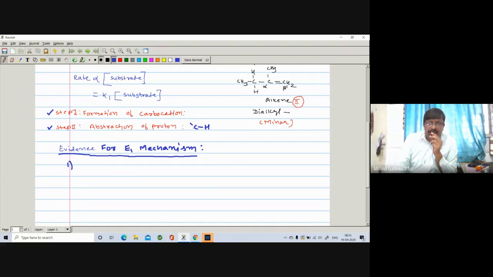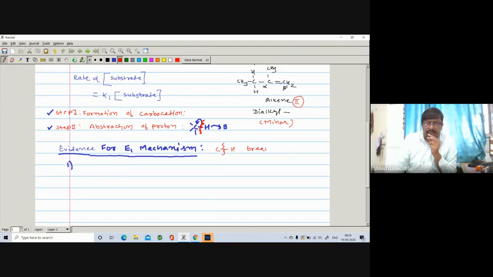This H is abstracted by the base. So CH bond breaking takes place. You have to explain whether the CH bond breaking takes place in the reaction or not.